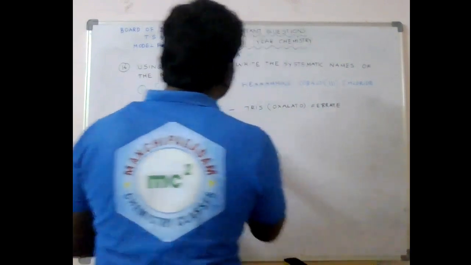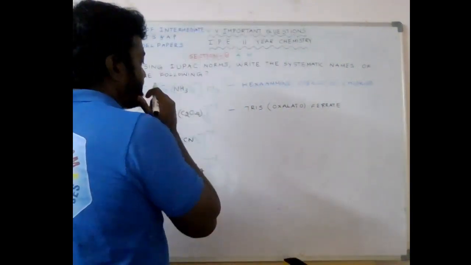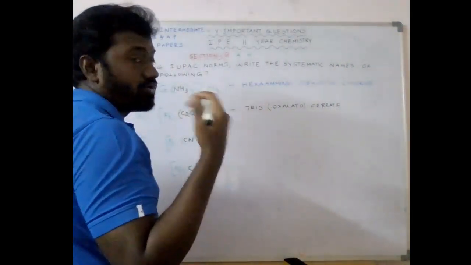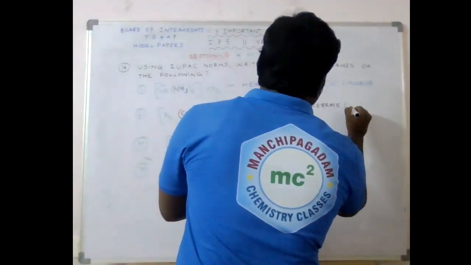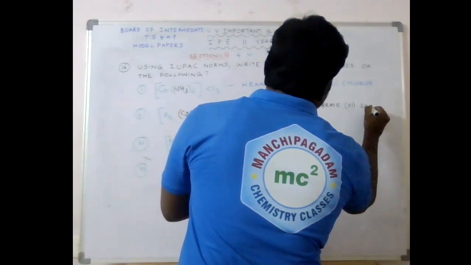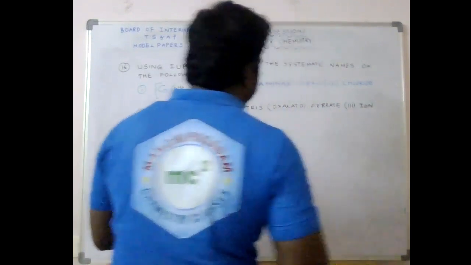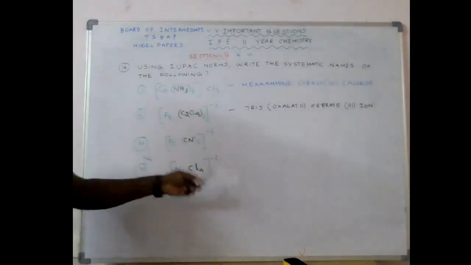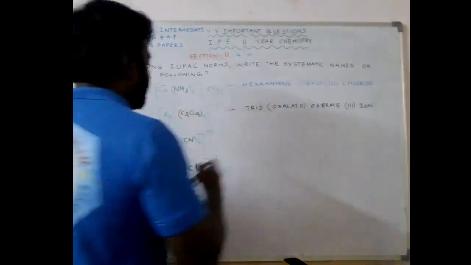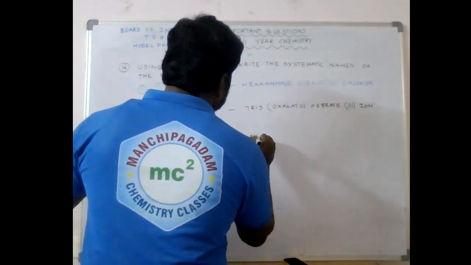Why has ferrate come? Because charge is there. Whenever negative charge is there, you have to add -ate to the metal name. Ferrate. And here also 3. Whenever charge is there, either positive or negative, you have to write ion. So all of them will get ion only. The next one, cyano, how many are there? 6.